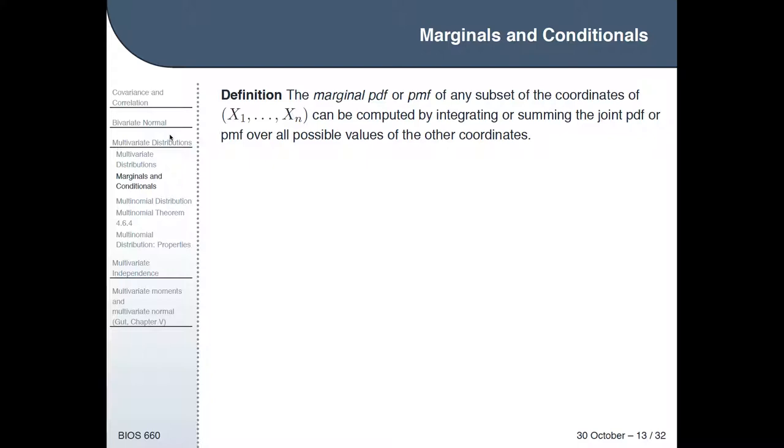You can define the marginal of x1, the marginal of x2, etc., but it also makes sense to talk about marginals on some subset of the variables. You could talk about the marginal of x1 and x2, the marginal of x1 and x3, the marginal of x1 up to xn minus 1. Any possible subset of the individual coordinates can give you a marginal.